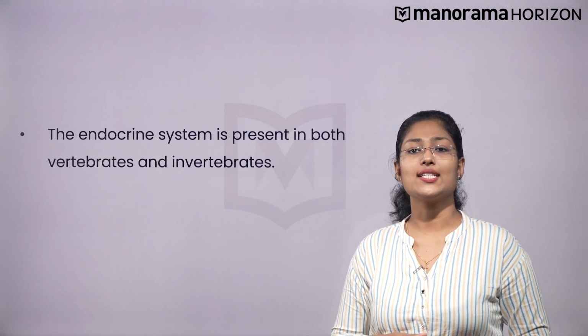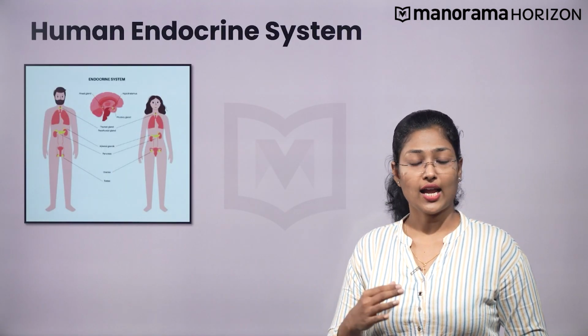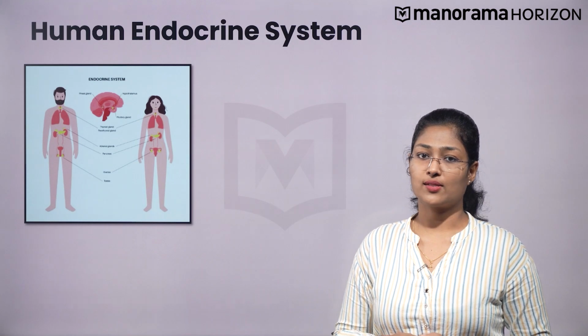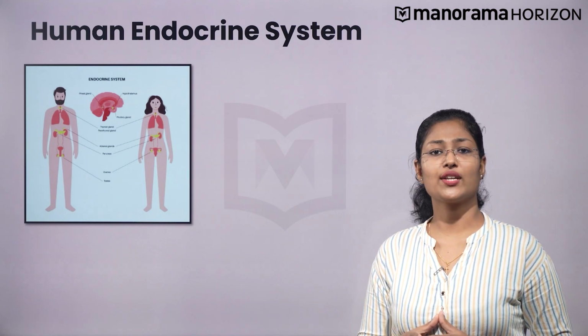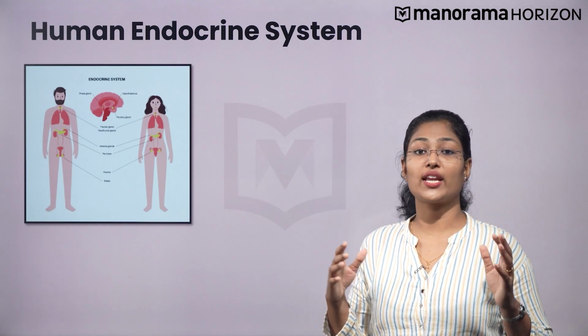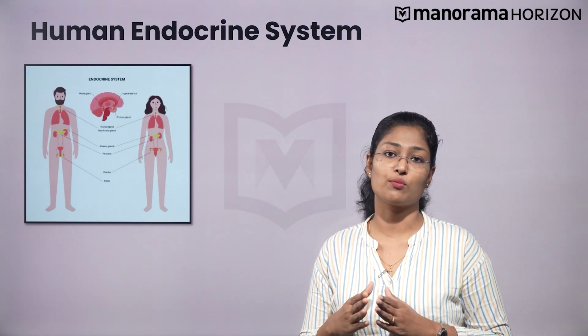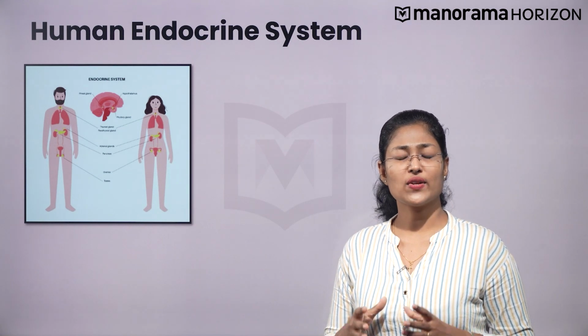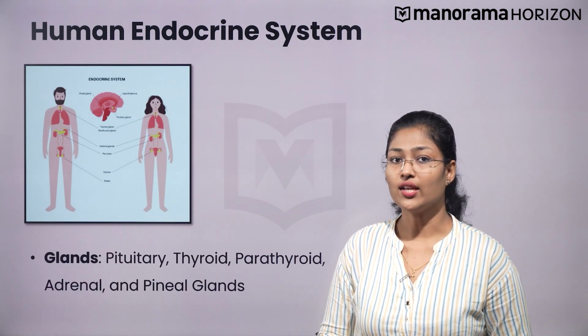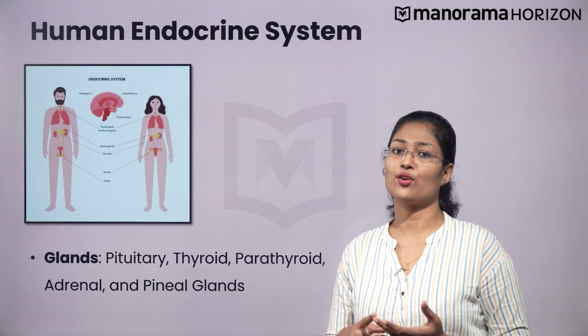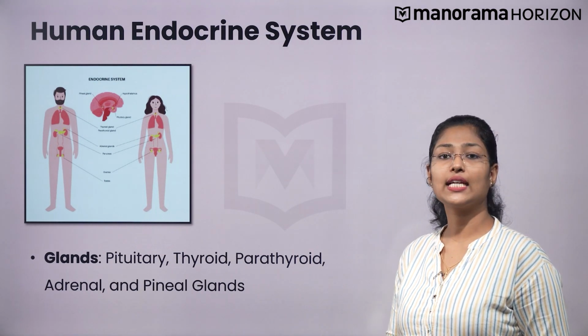To understand it, let us discuss the endocrine system of humans. The human endocrine system includes endocrine glands and organs and tissues that secrete certain hormones. The endocrine glands are the pituitary, thyroid, parathyroid, adrenal and pineal glands.